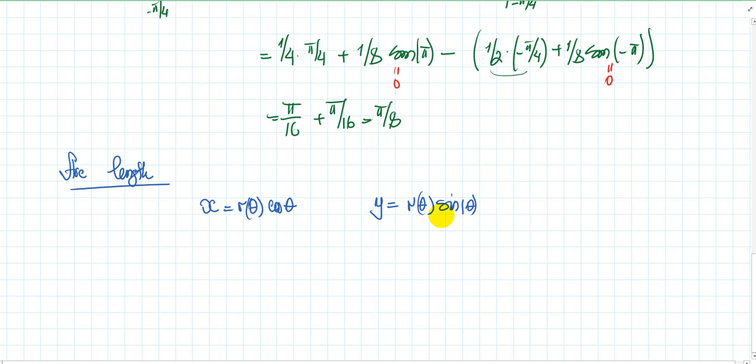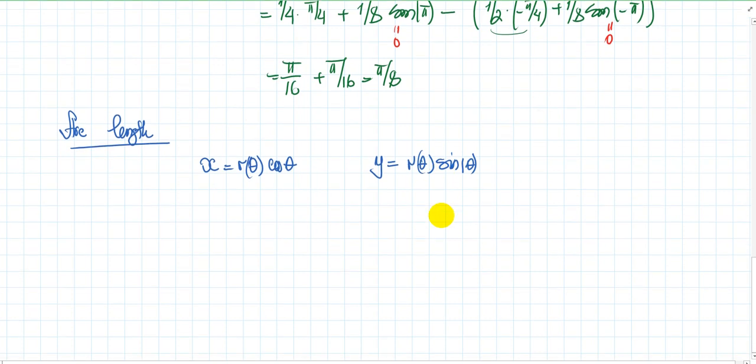Do you also remember how to find the lengths of curves using parametric equations? There was a formula.